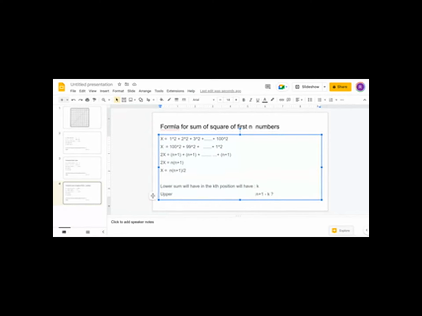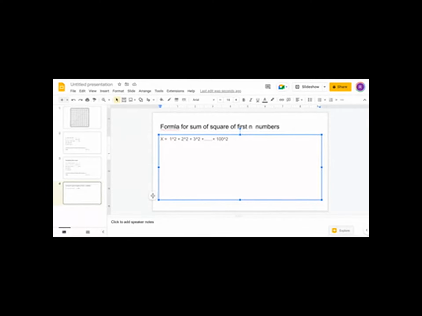Does someone have any other ideas? Don't do the reversing, do something else. So let's not do this reversing. Let me remove all this. Any other idea someone has? Think for a minute. If someone has any ideas, that will be very nice, because now you're thinking about how to derive these formulas. Think about the first person who must have derived such a formula.